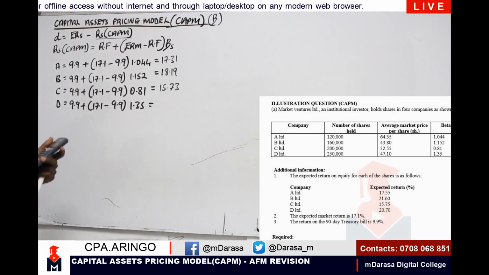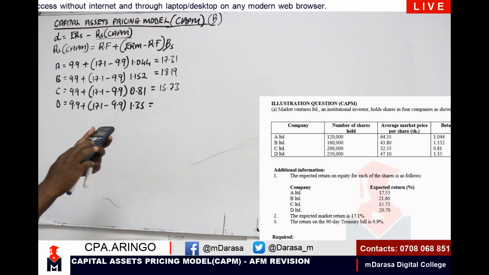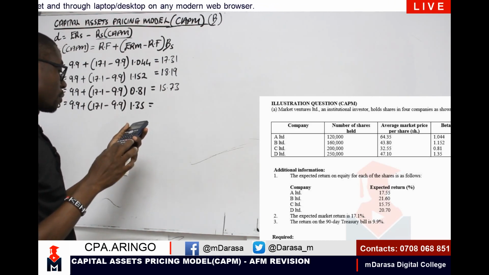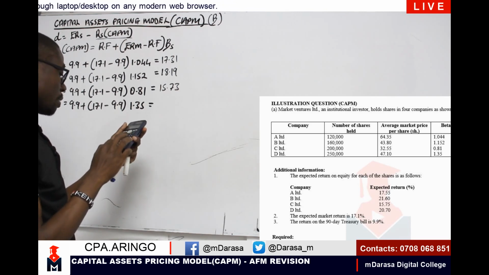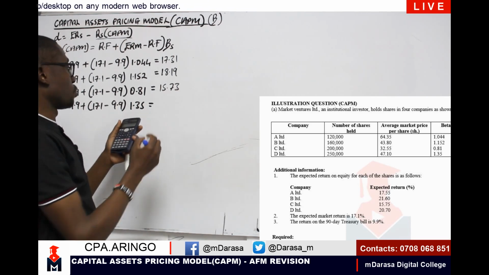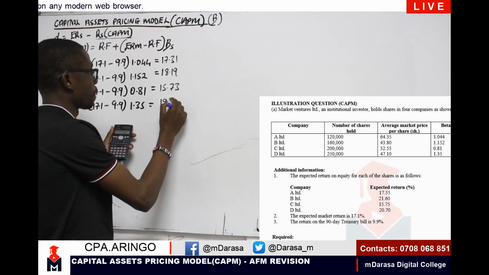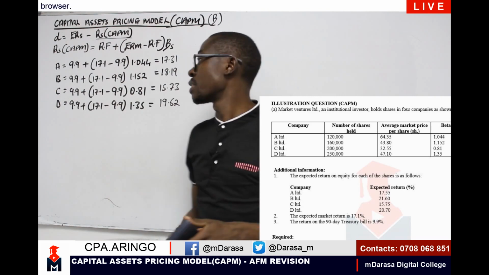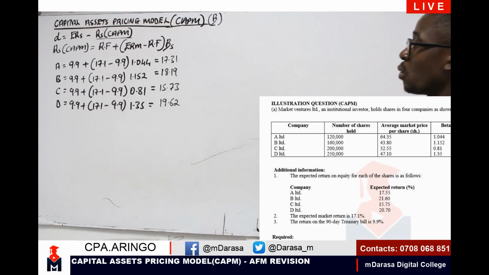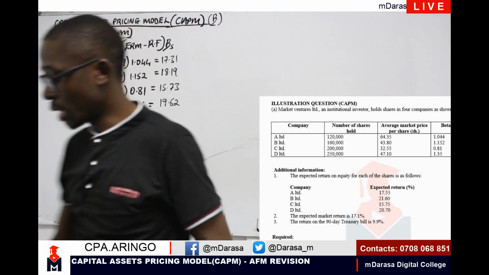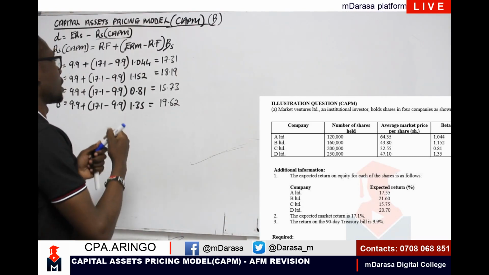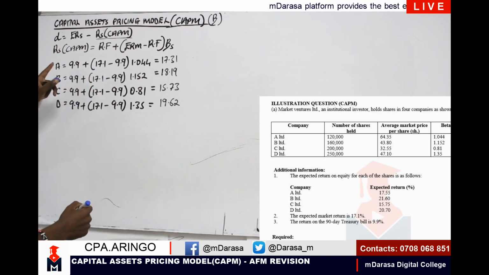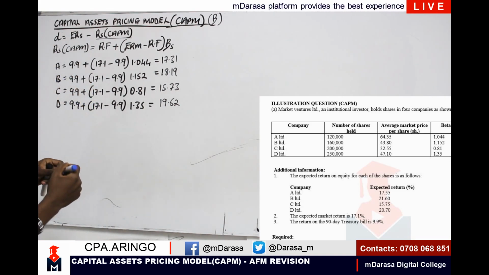Then finally 17.1 minus 9.9 times 1.35, of course, plus 9.9. This should give us 19.62. So once we have our CAPM values, or return of our securities under CAPM, I know very well we should be able to determine our alpha values, right?